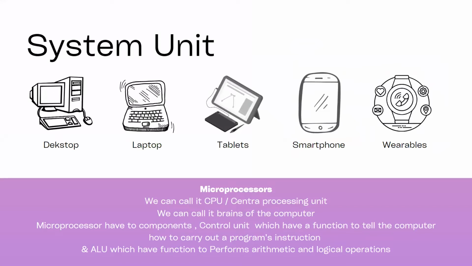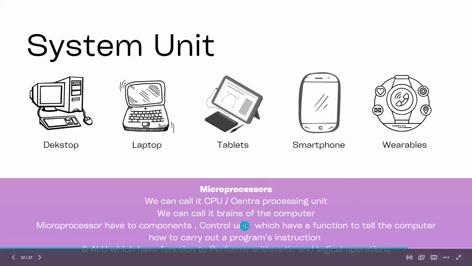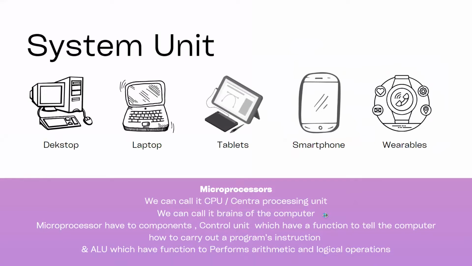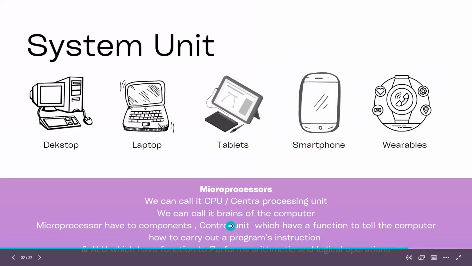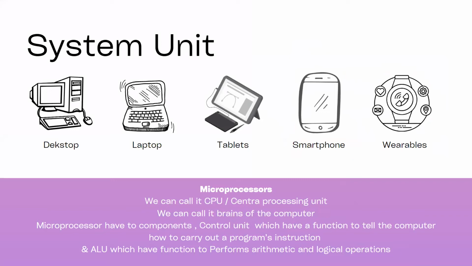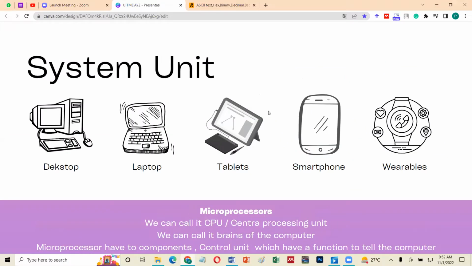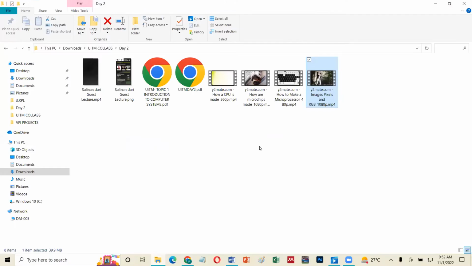We know the microprocessor can be called the brains of the computer, and technology can be a cool thing and a good thing because it has a microprocessor. So we will look at the manufacturing of the microprocessor. I have a video. This is Microchips.